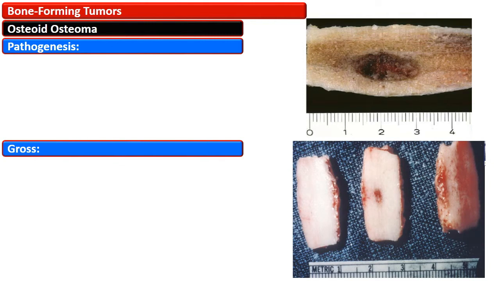It is red, granular in appearance, and it is softer than the sclerotic tissue and has distinct features. It is surrounded by sclerotic bone for several centimeters, as is evident by these pictures.